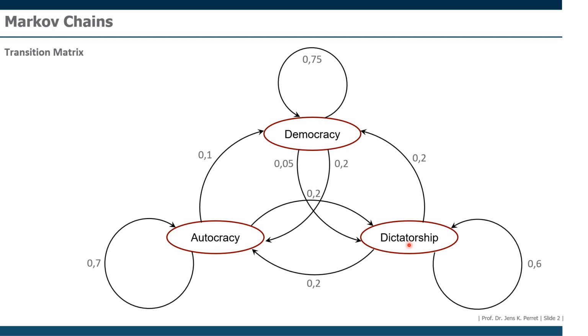We have a 3 times 3 matrix, 3 because we have the 3 states. And let's say democracy is the first row and first column. So democracy to democracy, so from 1 to 1 would be 0.75. If this is the second, this is the third state, we would have in 1 to 2 the 0.2, and in 1 to 3 the 0.05.